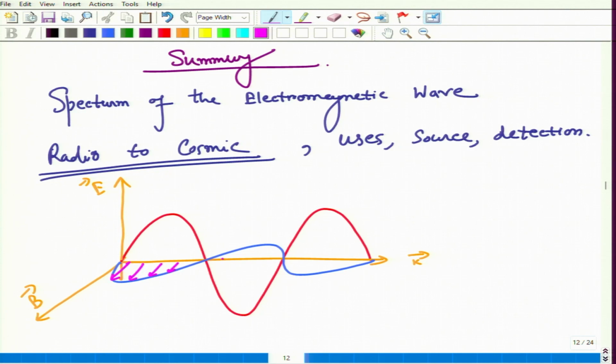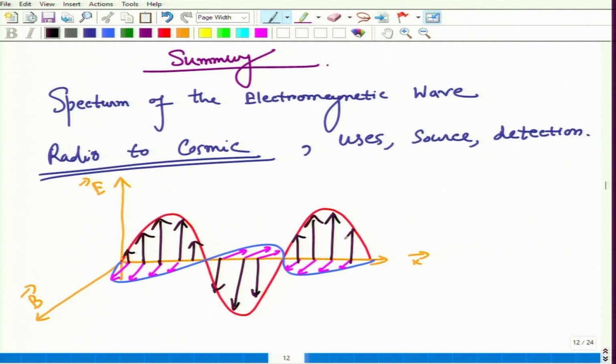On this y axis there is the magnetic field, not this color. So this is our electromagnetic wave.